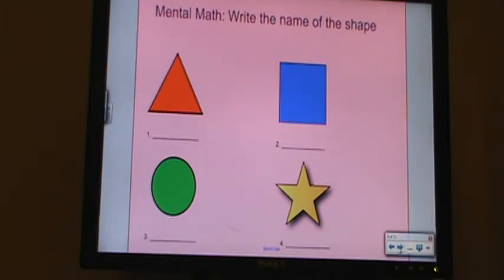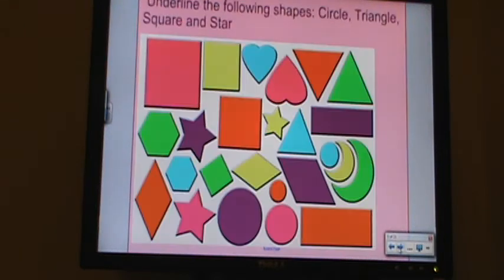Upon completion of this activity, I will be giving the students another worksheet with different shapes mixed together. In this activity, I will be asking the students to underline the following shapes: circle, triangle, square, and star. The purpose of this activity is to see if the students are able to recognize and differentiate the shapes that they know from the ones that they do not know.